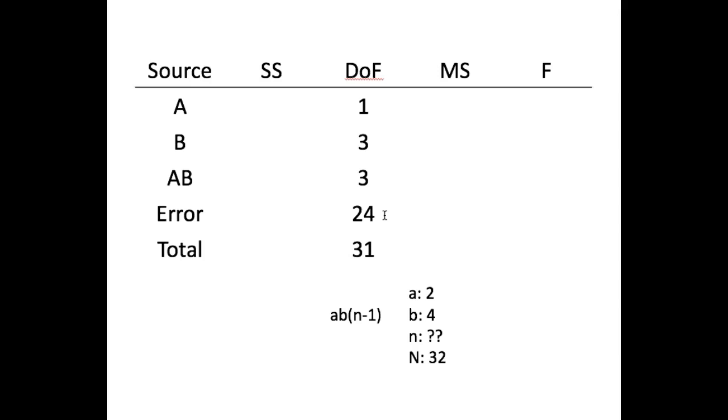And then if we've got 27 plus 1 plus 1 plus 1, because we are terrible scientists and we're very bad at replication, that gives us 32 observations overall.